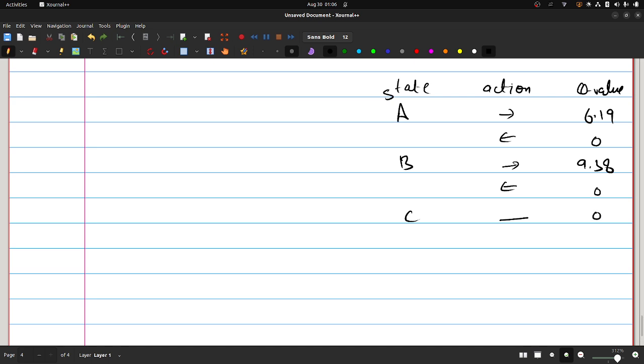So what is happening actually? You can see that your Q values for these particular actions are improving with time, with each episode. The Q value in state B is currently 9.38, but when you do more episodes, it will become nearly equal to 10, which is our maximum reward, or our true reward.